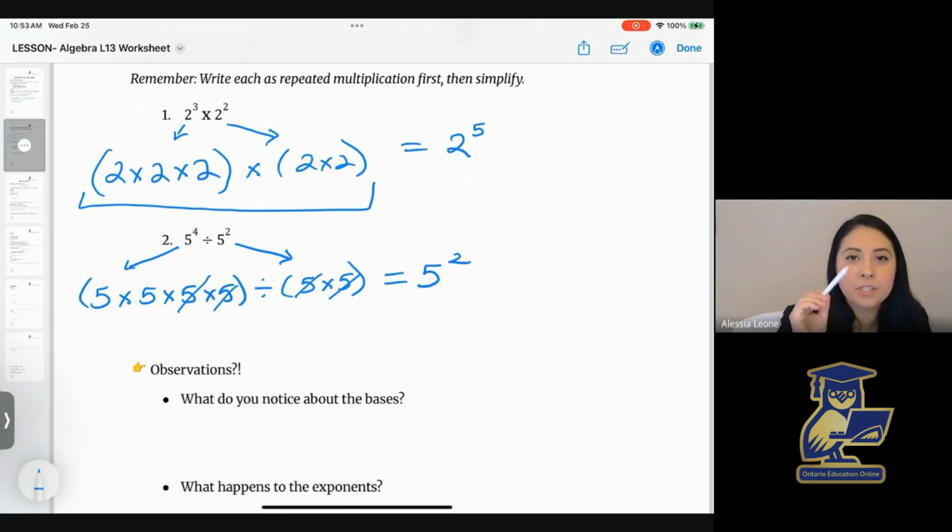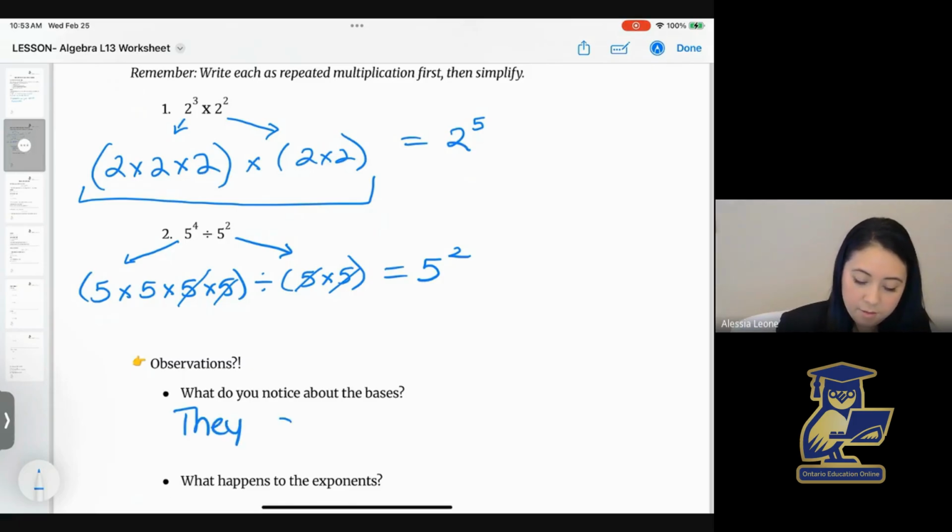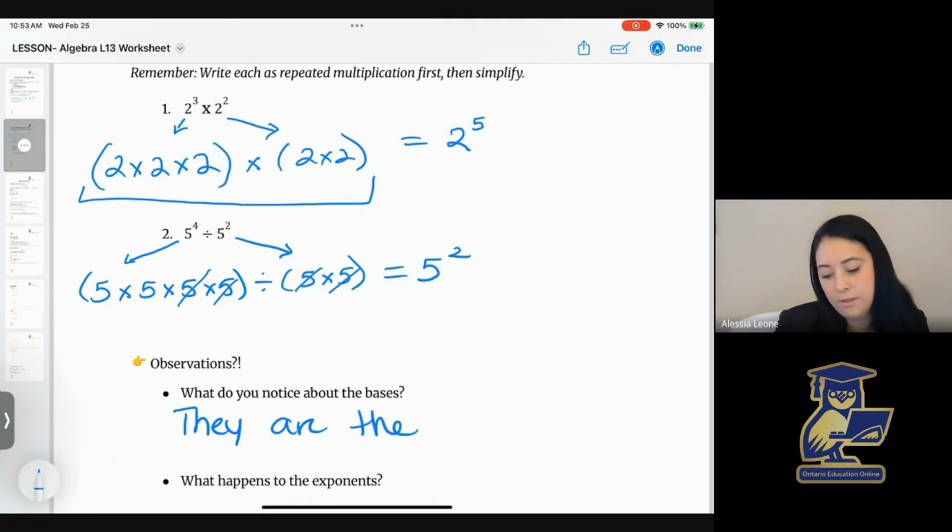The big numbers attached to the exponents is the base. Both bases are 2. It was the same. And in number 2, both bases were number 5. The big number was number 5. It was the same. They are the same.